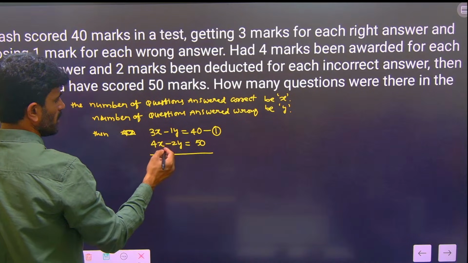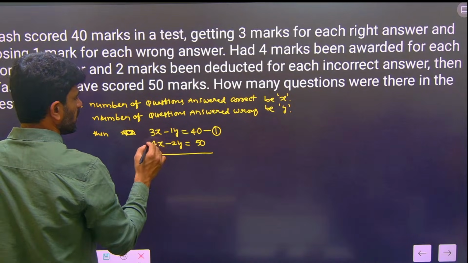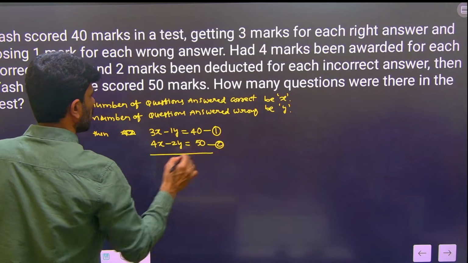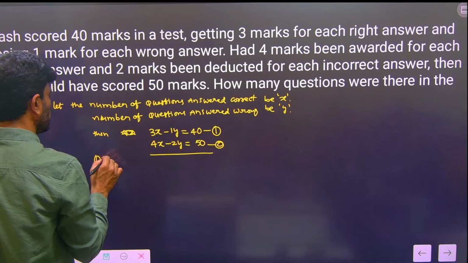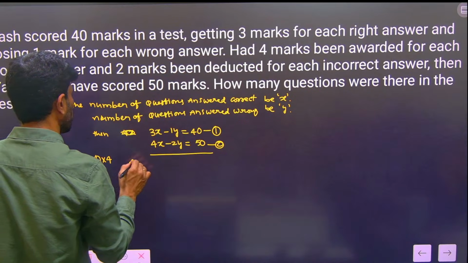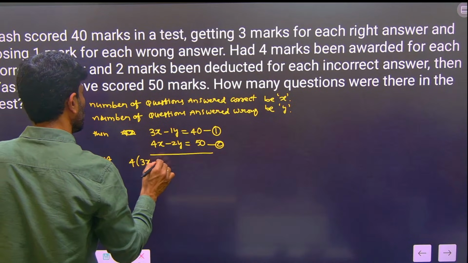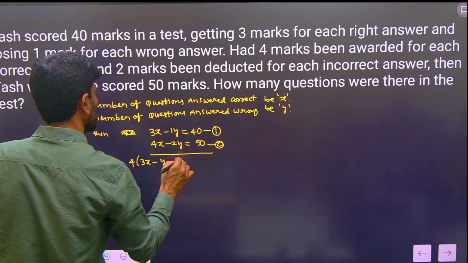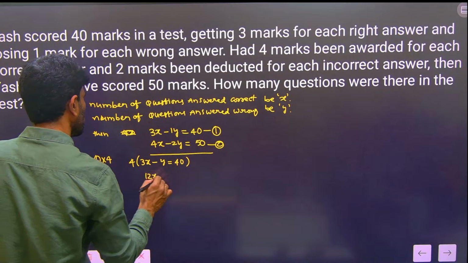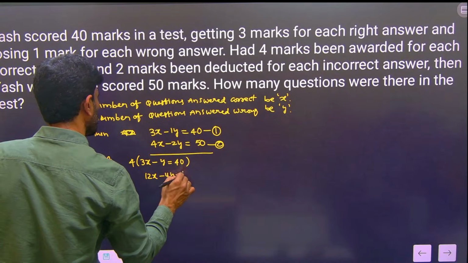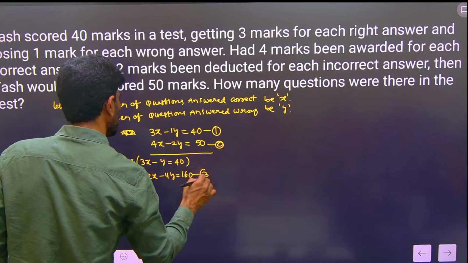Then we can't do it directly, no? So we can multiply equation 1 by 4: 4 into 3x minus y is equal to 40. So we get 12x minus 4y is equal to 160, equation 3.